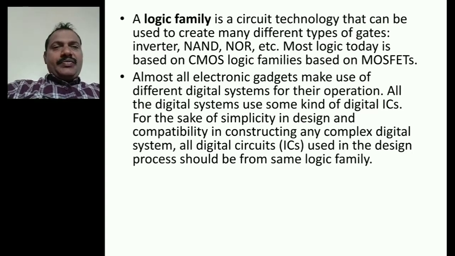So CMOS is widely used, and this logic family will create NAND gate ICs, NOR gates, like that. Almost all electronic gadgets make use of different digital systems for their operation. All the digital systems use some kind of digital ICs.